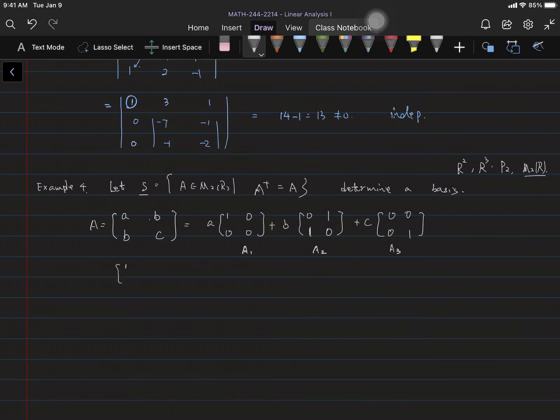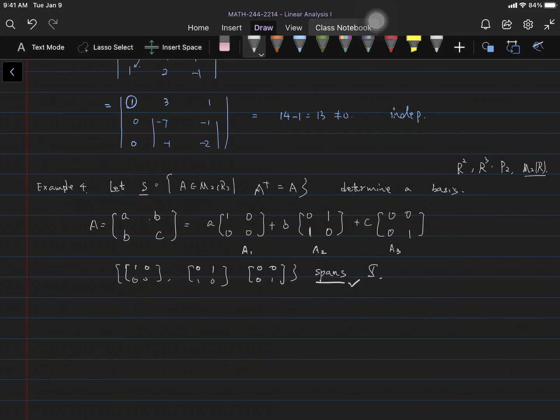So we know A1, A2 and A3 span S. Next, we need to show they are independent.